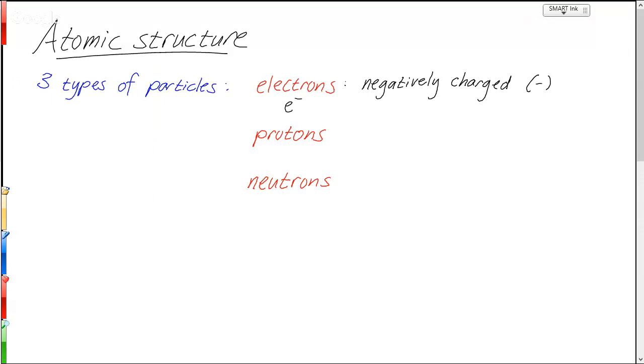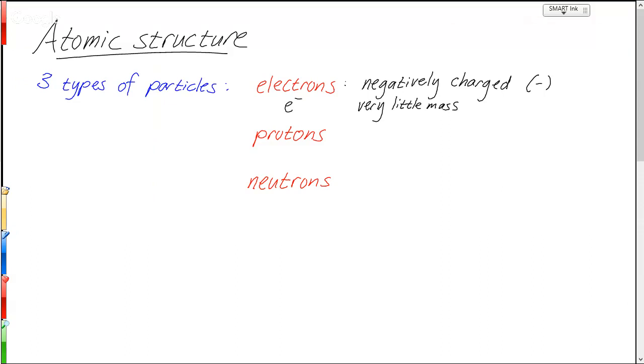Well, that's okay. The negative charge is the important part. The other thing to know about electrons is they have very little mass. We'll talk about these mass numbers in a little bit, but electrons are so small compared to the other two, protons and neutrons, that we often treat them as though they have no mass at all. They do have mass, but it's so small that it's effectively zero. So a tiny amount of mass.